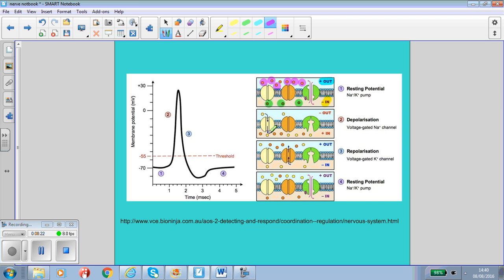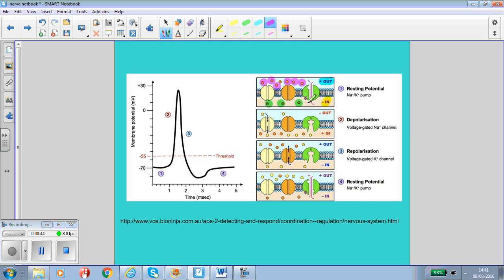Now, a cell will always want to try and be neutral with its surrounding environment. So, as soon as this channel, this gate, opens, the sodium ions flood into the cell because the cell's not very pleased about the fact that it's very negative on the inside and very positive on the outside.